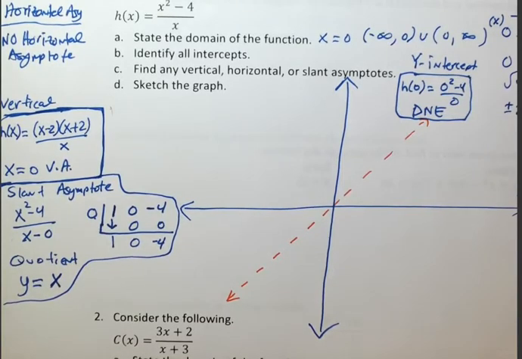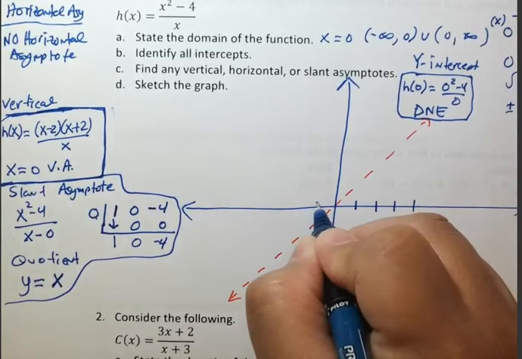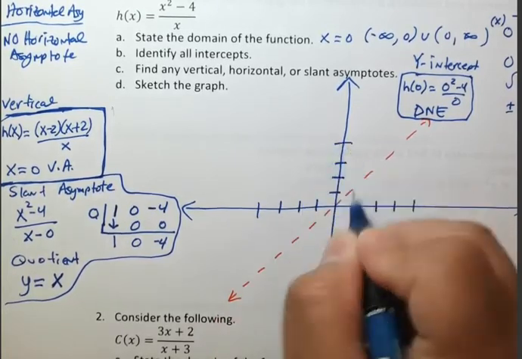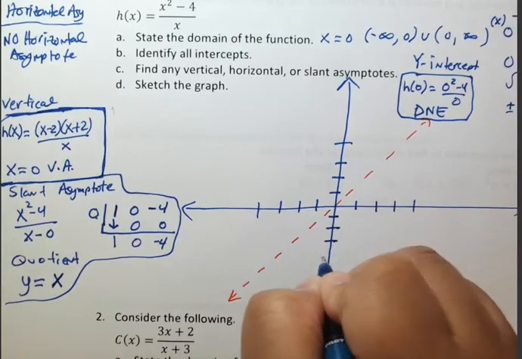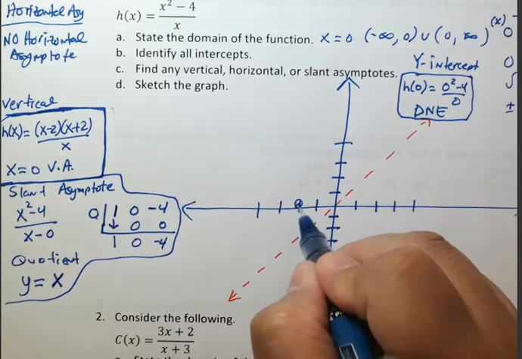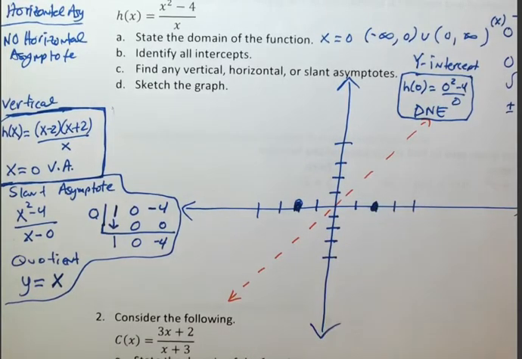Then we're gonna plot our x-intercepts. So I have an x-intercept at -2, so right here, and I have one at +2, so right here.